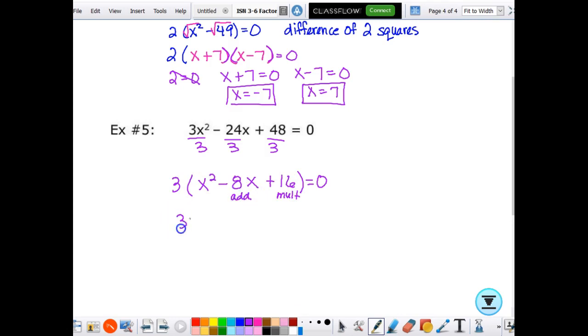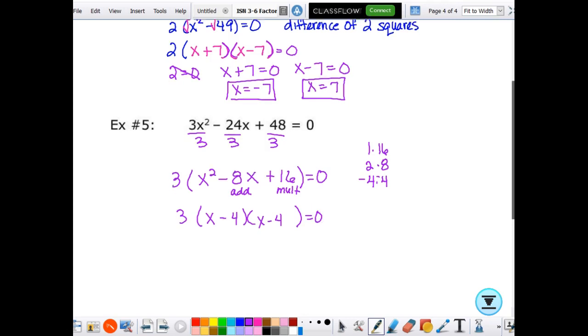That adds to negative 8. 1 times 16, 2 times 8, 4 times 4. That's it, right? Who's going to make a negative 8? This tells me the signs have to be alike, and this tells me they both have to be negative. So you're going to have a minus 4 and a minus 4.